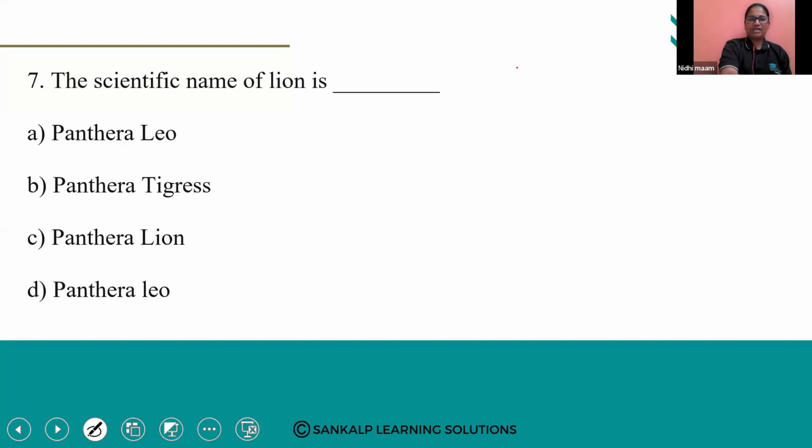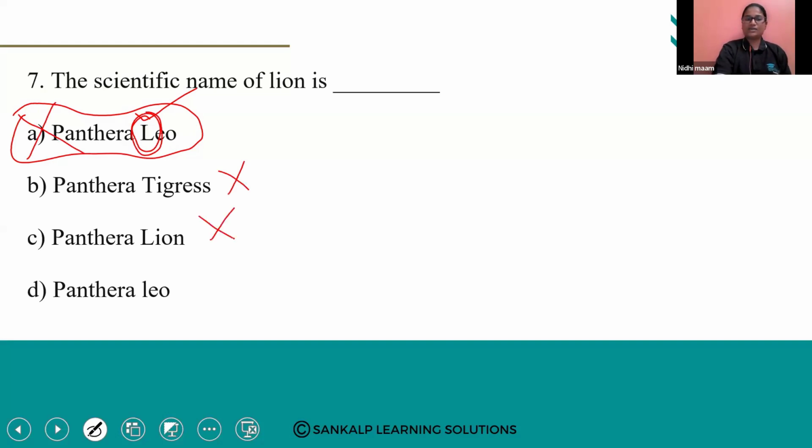Some of you voted for option A, Panthera Leo. Even though it is a scientific name, the way of writing a scientific name is not followed here. The species name is written starting with a capital letter, so this is not considered a scientific name. Panthera tigris will not come.